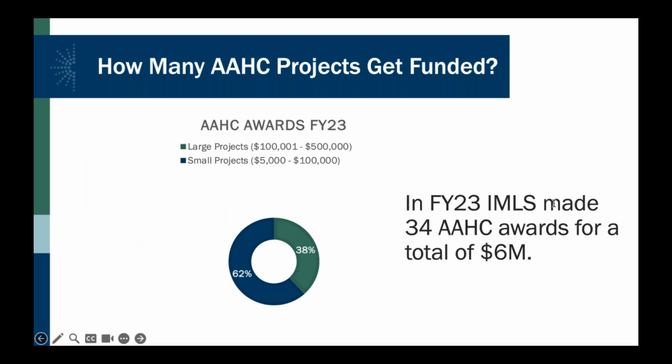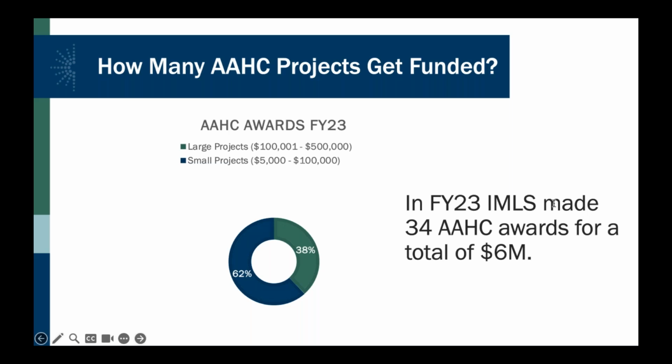The amount of applications received and the amount of awards made can vary from year to year. Here's a snapshot of our most recent application and award cycle. In FY23, IMLS made 34 AAHC awards with a total of $6 million in federal funds.